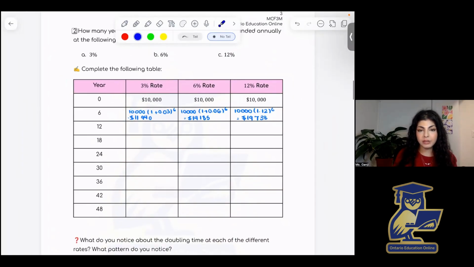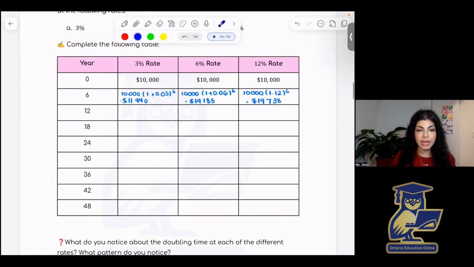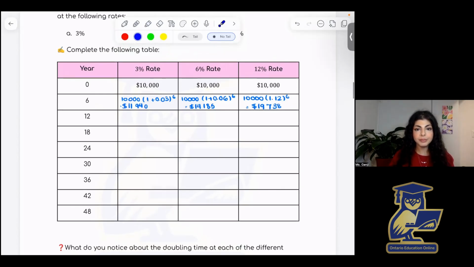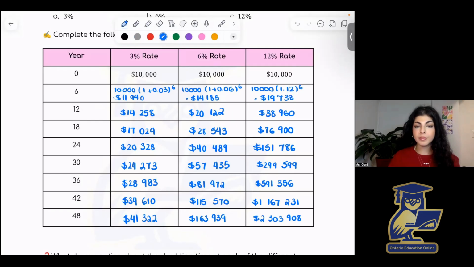So try to fill out the rest of the table and see what values you get, or how many years we require for the 3% rate and the 6% rate to double as well. But these are all the values you should have got if you were rounding to the nearest dollar.